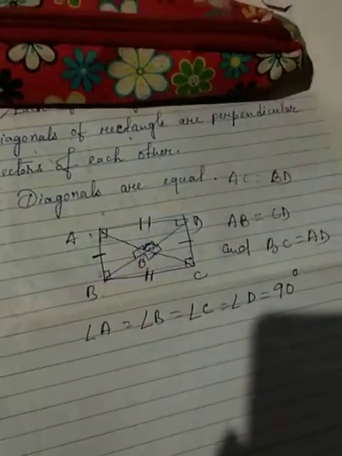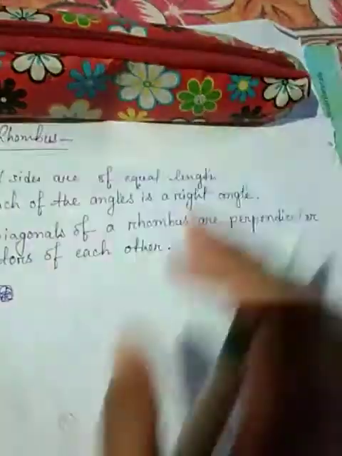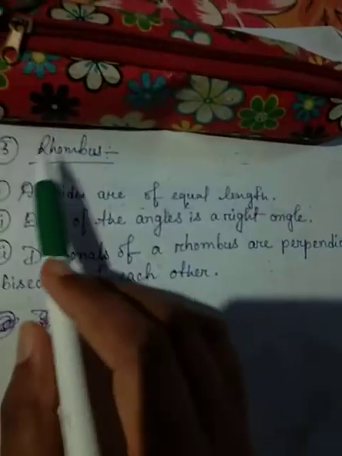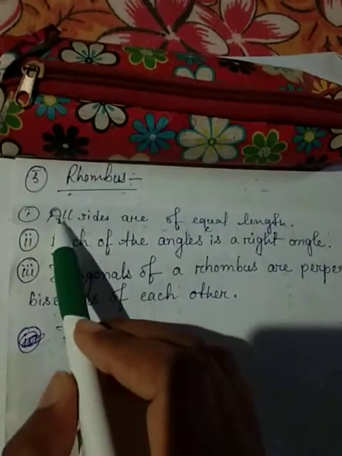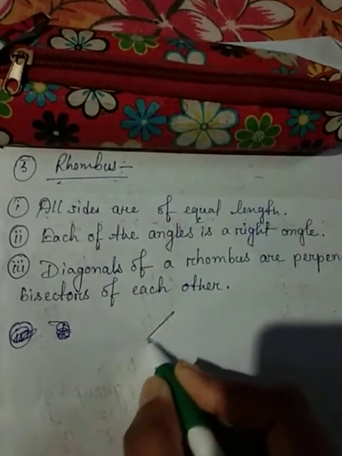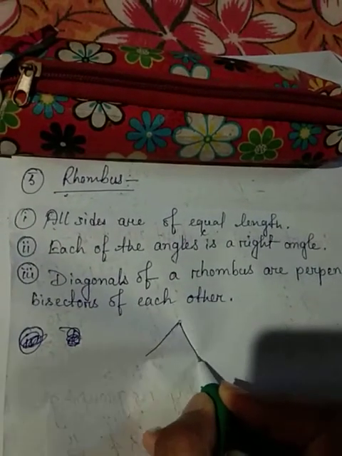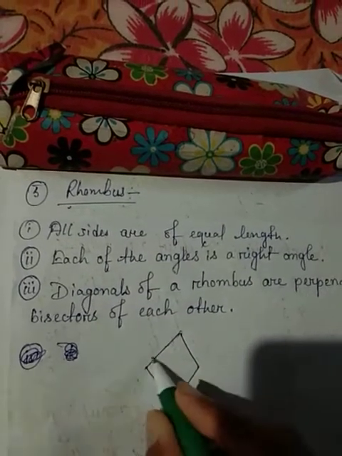Our next topic, the next quadrilateral, is the rhombus. All sides are of equal length. This is the figure of a rhombus, like a barfi.